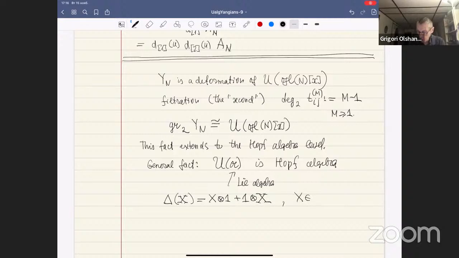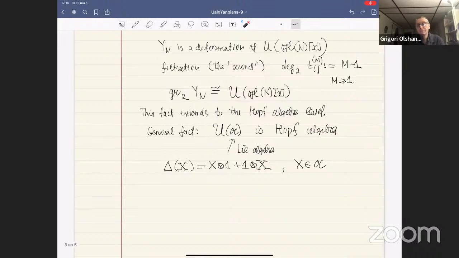X, the Lie algebra. This is commutative, but here the co-multiplication is not commutative.